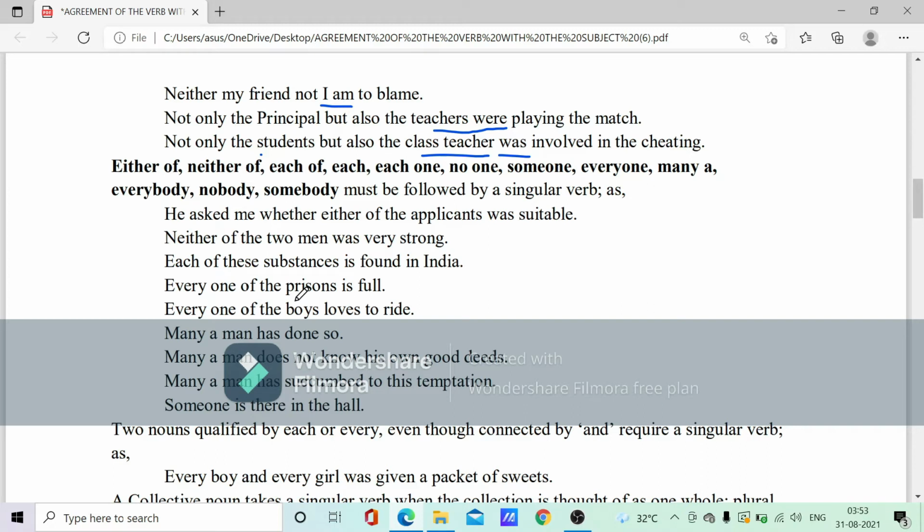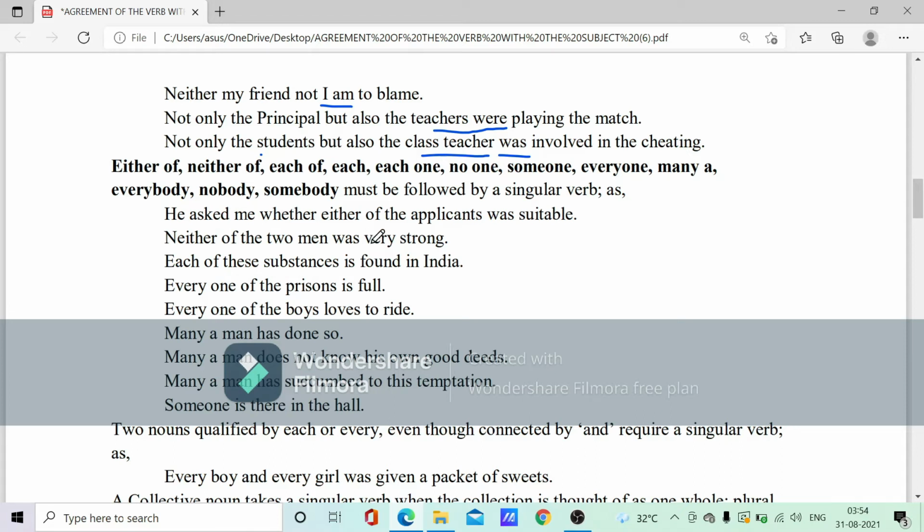And that's why when you find these kinds of subjects, either of, neither of, each of, each one, no one plus nouns, then in that case you have to apply only the singular verb. Let us see some of the examples.